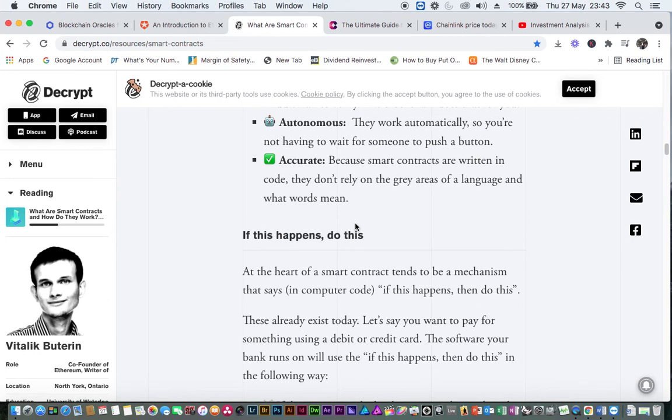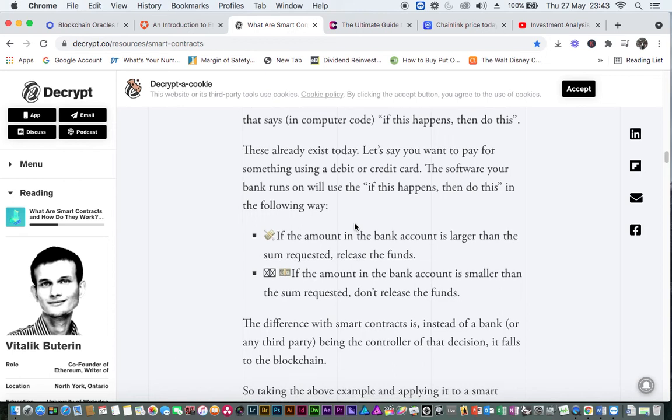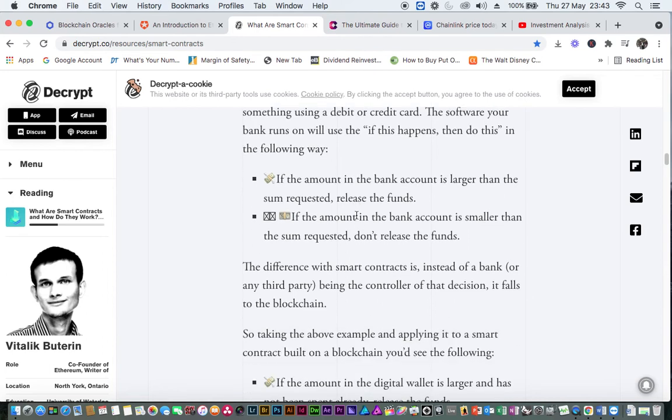Okay, now for better understanding, let me give you another example. For instance, if the amount in the bank account is larger than the sum requested, release the fund. Again, another example: if the amount in the bank account is smaller than the sum requested, don't release the fund.